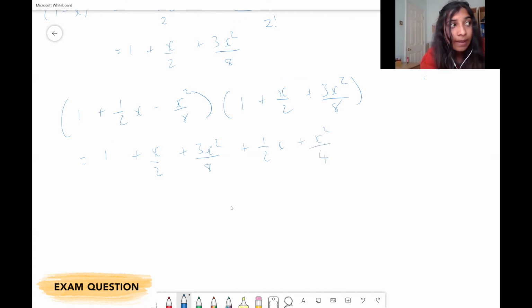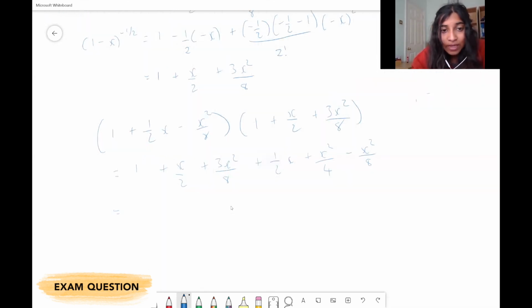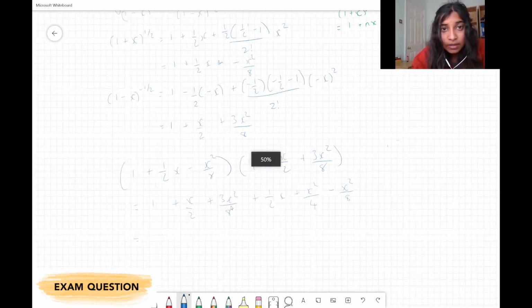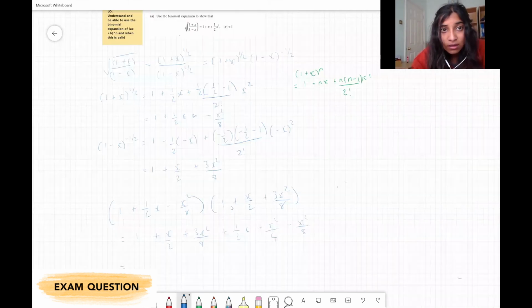We don't need to go any further than that because we don't want an x cubed, and then we would have minus x squared over 8. And then if we were to simplify this further, we should get our answer here.